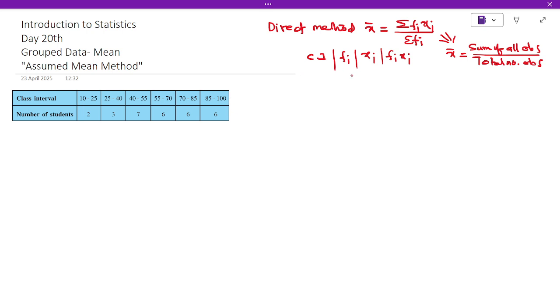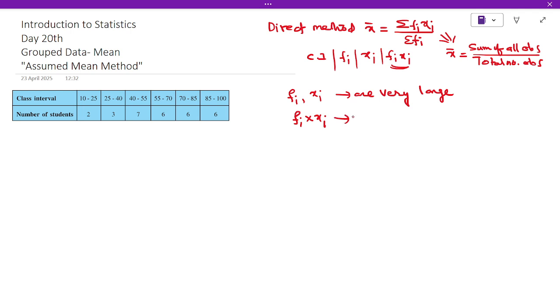Now here, what will happen? See, in the fourth column we are taking the product, right? Suppose fi and xi are very large. If these numbers are very large, what will happen to their product, fi into xi?